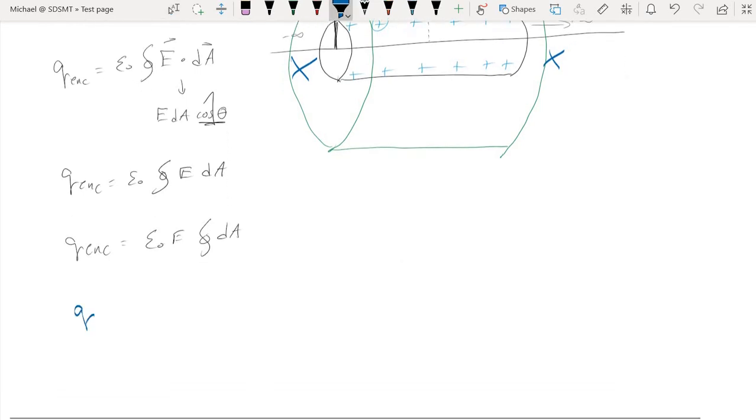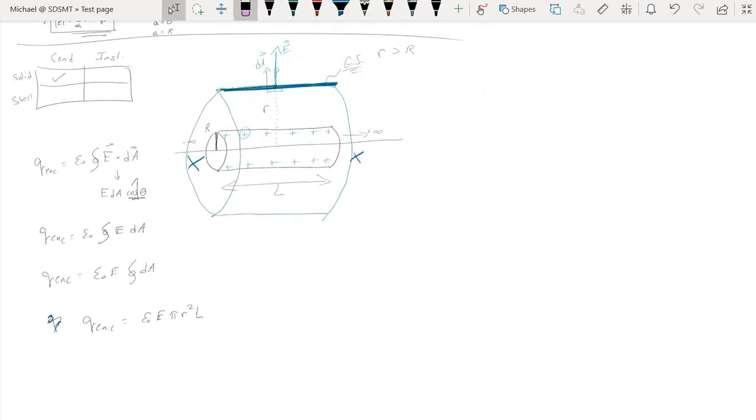So again, this is something that we've already done with the line charge. We know that the area for the drum of the cylinder is pi r squared L, where L is the length of the cylinder. So now is where we'll tone this down back to a finite case.